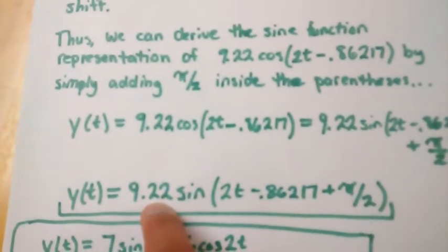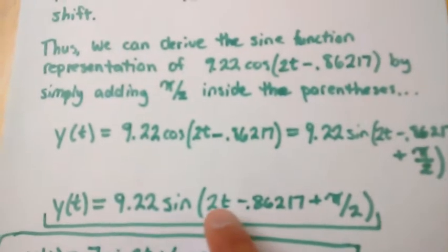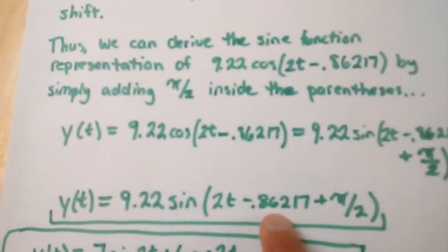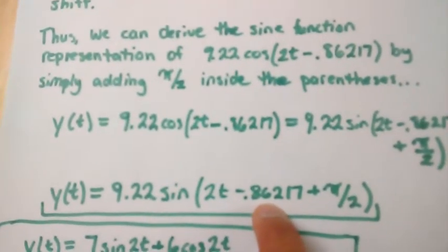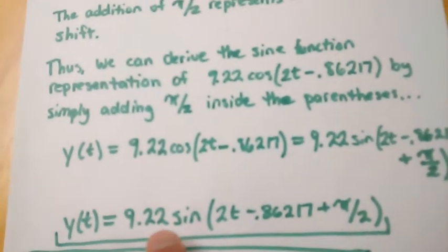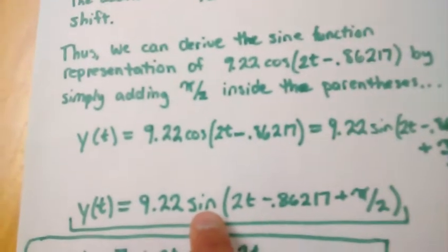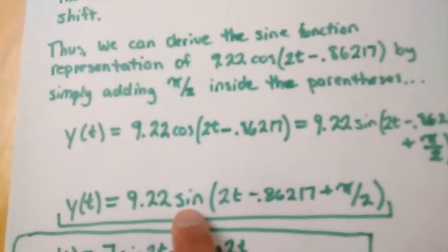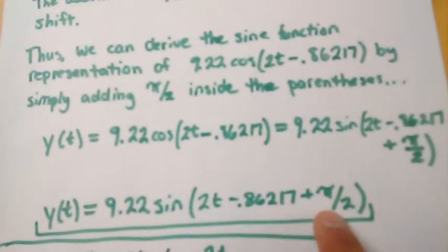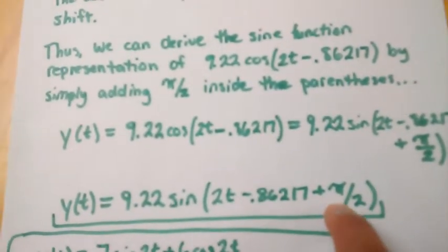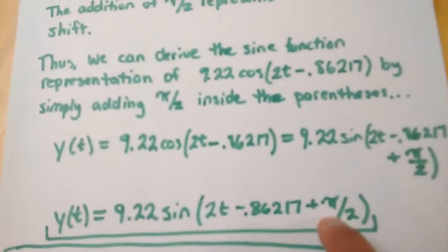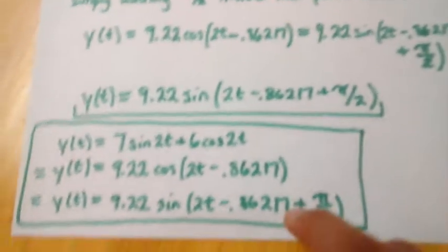We have A equals 9.22, omega equals 2. We have the inverse tangent of 7 over 6. But notice here now we have a sine instead of a cosine, and so to compensate for that, we're going to add the phase shift of plus pi over 2 down here. And that'll make everything equal.